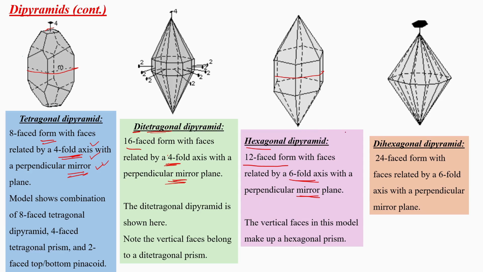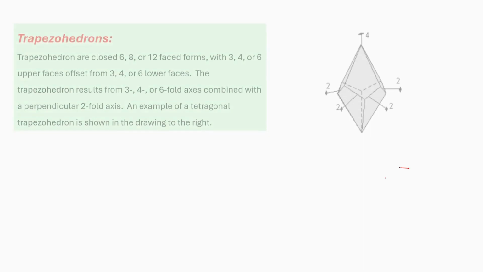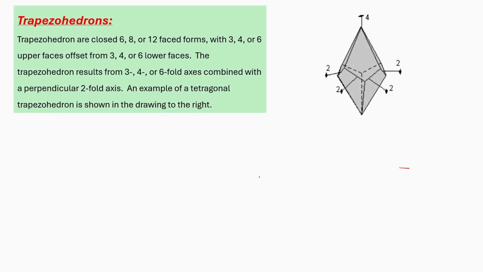So it's a dihexagonal. Now you may be familiar with that. It's 12 into 2, 24 faces you'll get, and this is perpendicular to the six-fold symmetry. So other forms are trapezohedron.